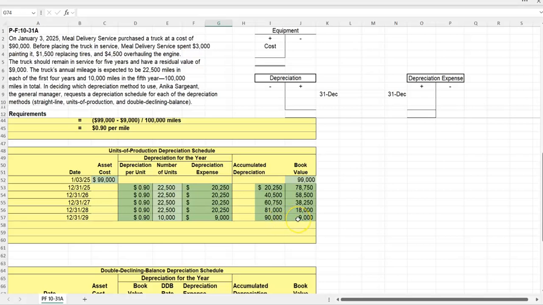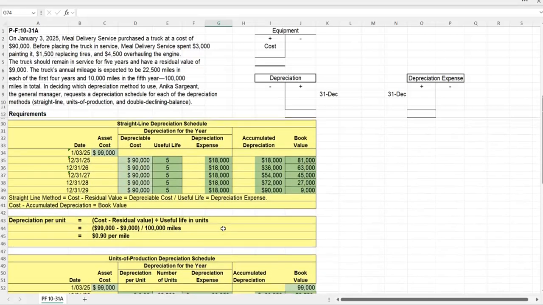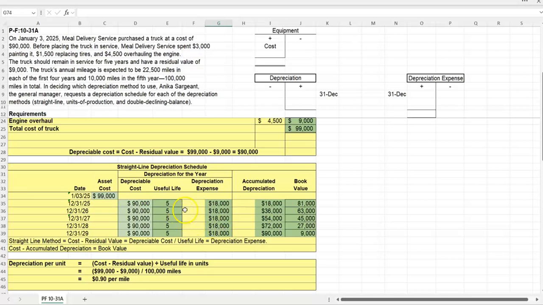The book value has to be left at $9,000. And then the straight line, the most common used, is the same amount each year over the 5 years that it was used. So straight line method is the easiest one to do. Cost minus residual value equals depreciable cost divided by useful years gives you the depreciation expense. That's the easiest one to do.